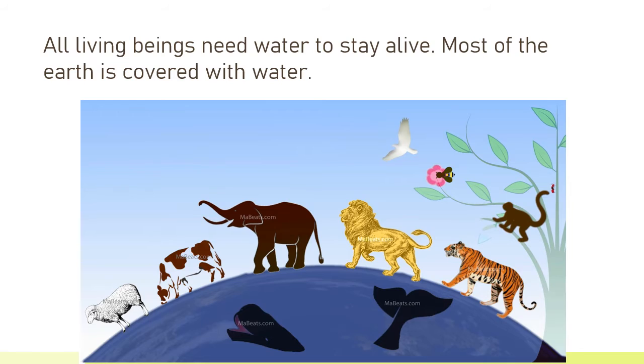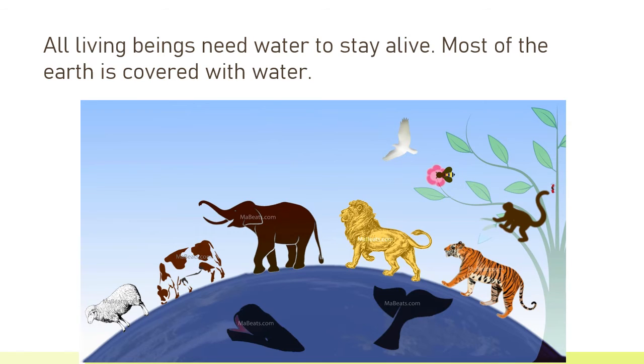See, in this picture, what do we see? We see sheep, cow, elephant, lion, tiger, monkey, bee, flower, pigeon, plants, insects, fish, and also our earth covered with water.